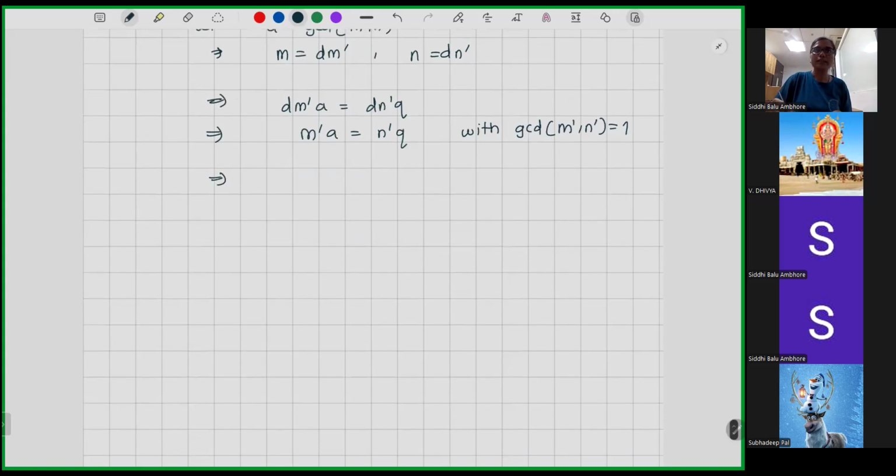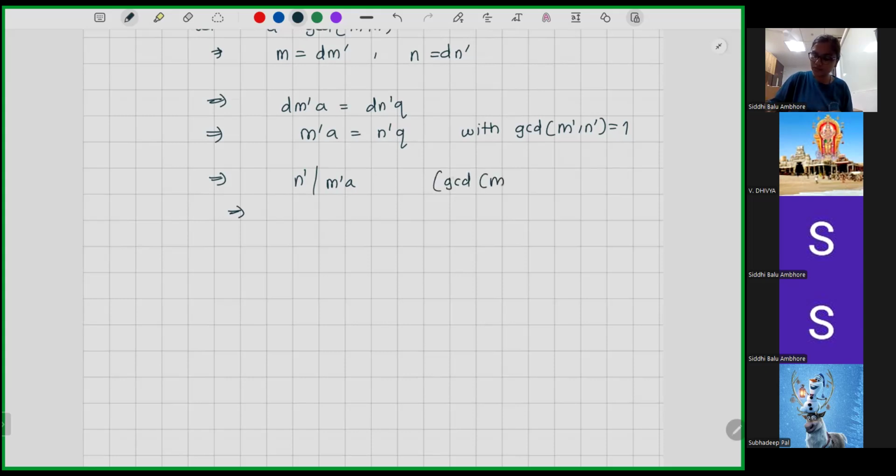Okay, but this implies what? That N dash divides this LHS. So this implies this N dash must divide M dash A also. Is this clear? But GCD of this N dash and M dash is, sorry, is 1.